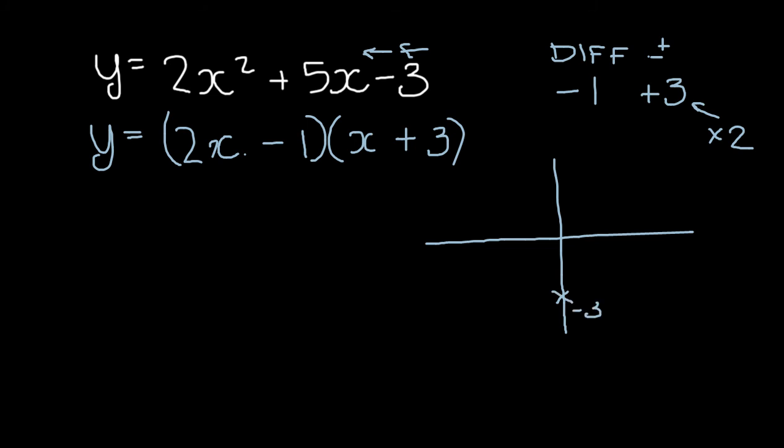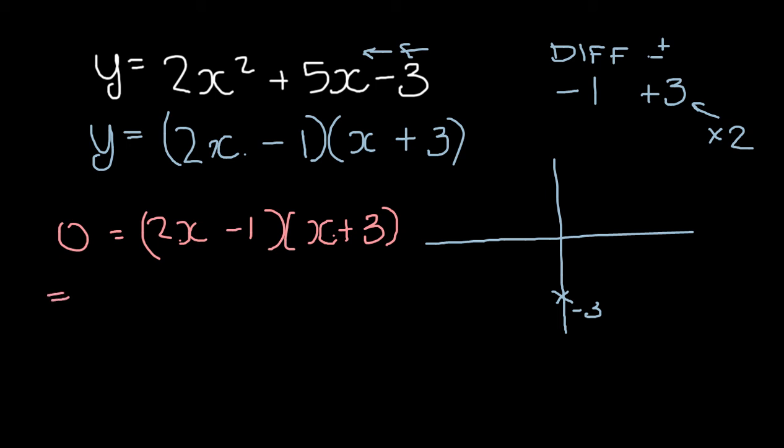To find my x-axis crossings, I need to set y equal to 0. So 0 equals 2x minus 1 and x plus 3. I don't know what's going on with my computer. There we go. Excellent. Two things multiplying together equalling 0 means one of them has to be 0. There's literally no other options.